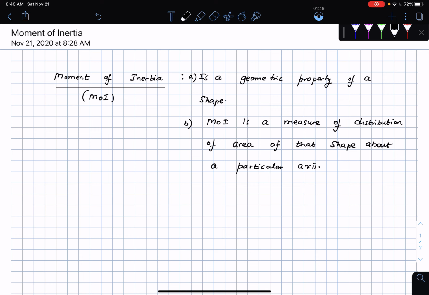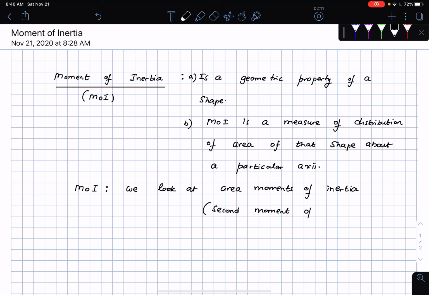What we will be doing is looking at area moments of inertia. This is also called the second moment of the area. This is the terminology you'll be seeing in mechanics of materials.